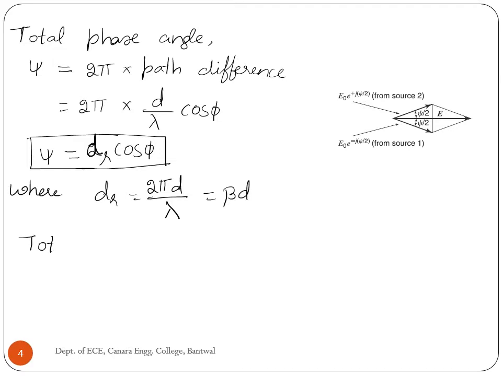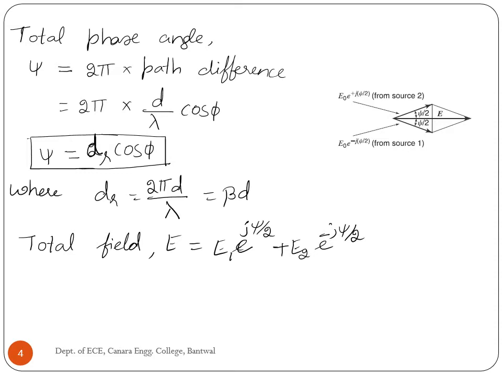Now the total field E is equal to E1 e to the power j xi/2 plus E2 e to the power minus j xi/2. E is the total field at a distant point. E1 is the amplitude of source 1 and E2 is the amplitude of source 2.